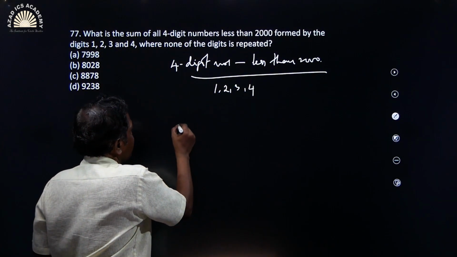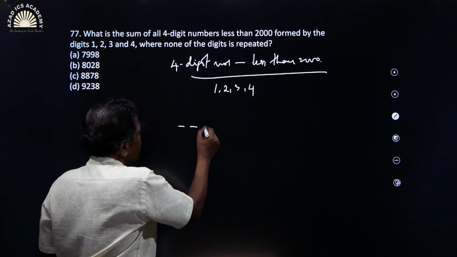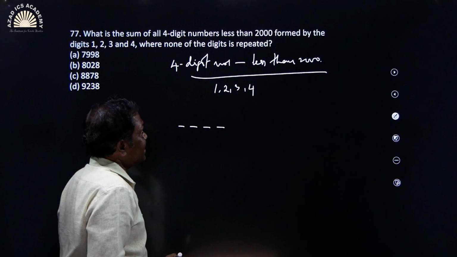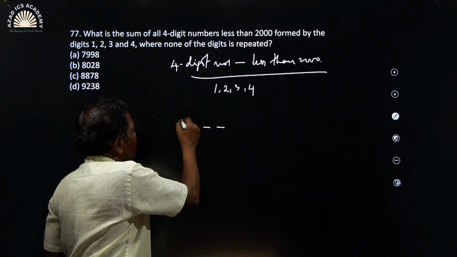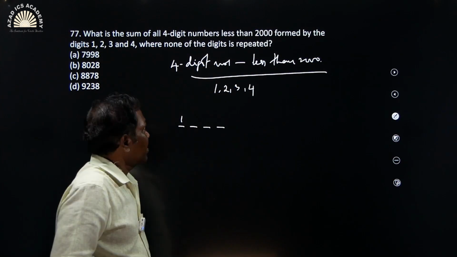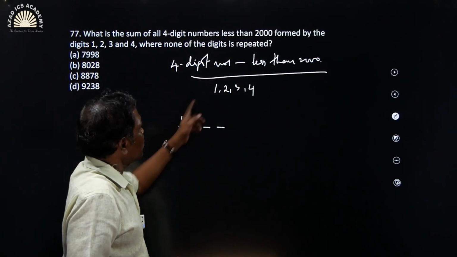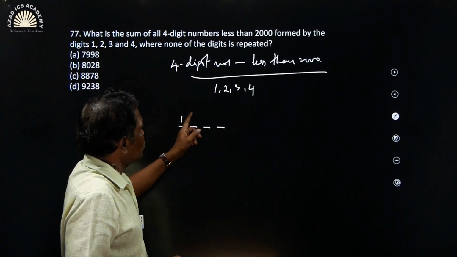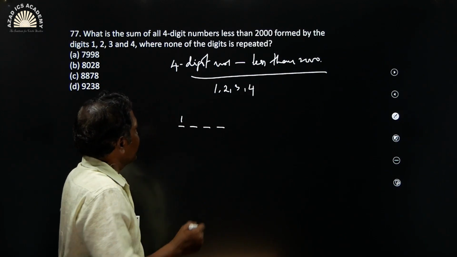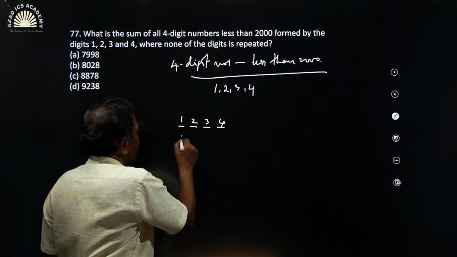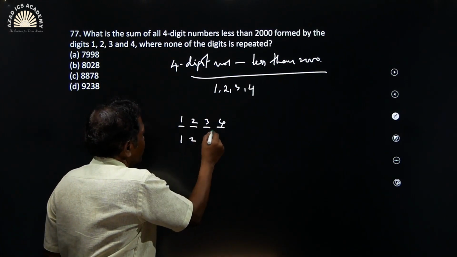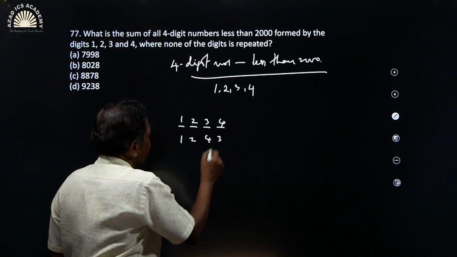Now you can see this is the thousands place, hundreds place, tens place, units place. It says less than 2000. Less than 2000, how many digits you can write? Only one. If you write 2 here, this is more than 2000. Less than 2000 says only one is possible here, right? And 1, 2, 3, 4 can be written as 4, 3.